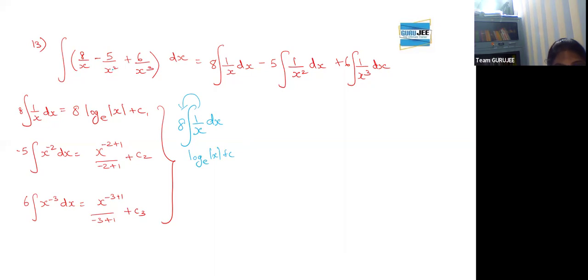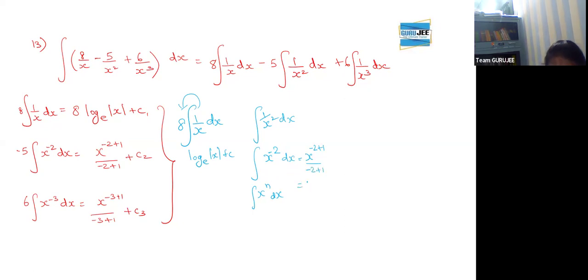5 by x square. When x square comes, 1 by x square dx, we can take it as x to the power minus 2. Integrate x to the power minus 2 dx. Please listen. It's similar to x to the power n. Apply the formula: x to the power minus 2 plus 1 divided by minus 2 plus 1.